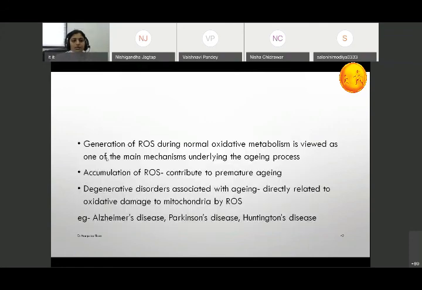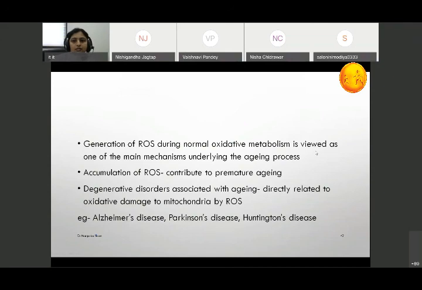What happens is that generation of reactive oxygen species during normal oxidative metabolism is viewed as one of the main mechanisms underlying the aging process. Whenever aging occurs, some tissue cells die and new cells are generated as we grow.